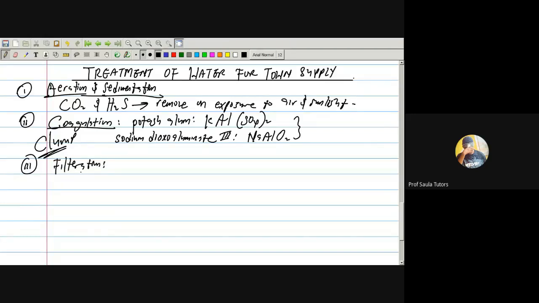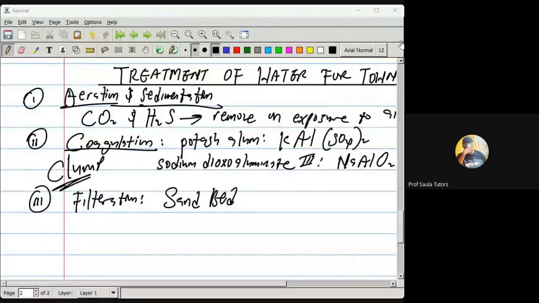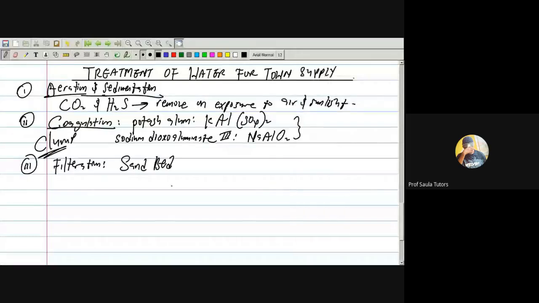Next one, we have filtration. What do we use for it? We use sandbed to carry out filtration. In the sandbed, we always have some layers of charcoal.